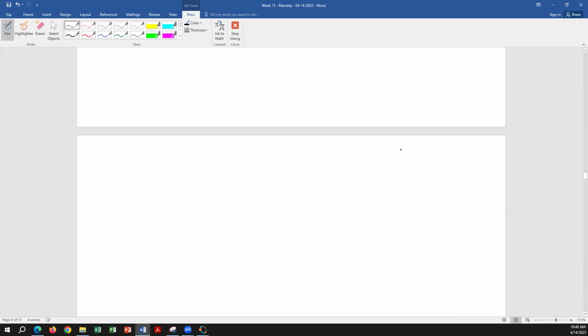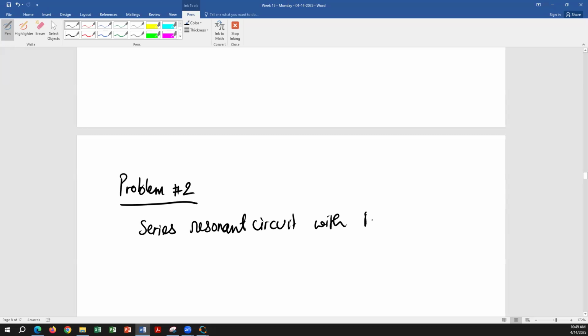Let's do another problem. This is from your textbook. The problem is: a series resonant circuit has a bandwidth of 100 hertz and contains a 20 millihenry inductor and 2 microfarad capacitor.